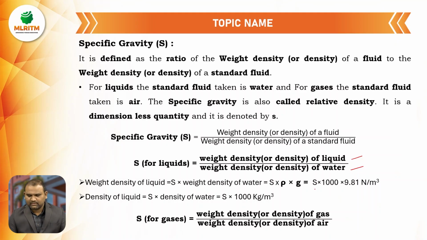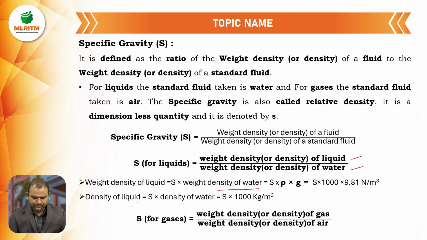We can express specific weight density of liquid is equal to specific gravity into weight density of water, that is equal to S into rho into g. Rho is 1000 for density of water and g is 9.81, Newton per meter cube.